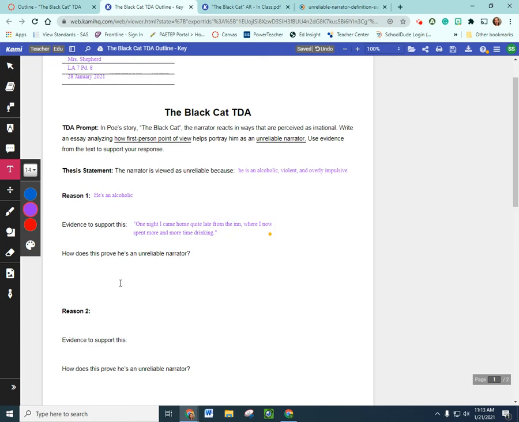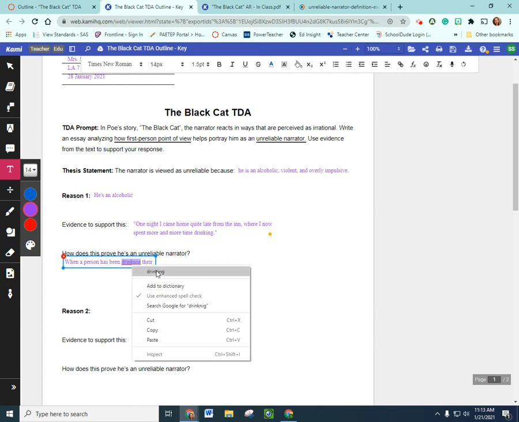How does this prove he's an unreliable narrator? How does being an alcoholic make you unreliable? This is like our analysis here. When a person has been drinking, their brain functions differently.